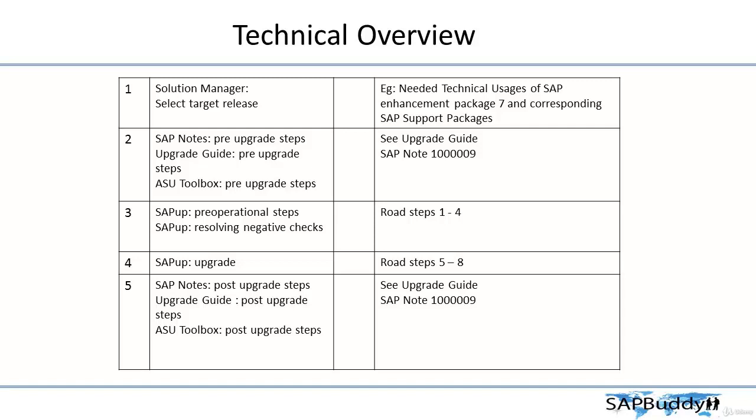So these are all the technical overviews or the steps which may be involved in your upgrade process. So the first step we will be doing is defining in our Solution Manager what our target release is. In the Solution Manager, of course, you will have your present release, and in the Solution Manager you will define what the target release of this particular system is.